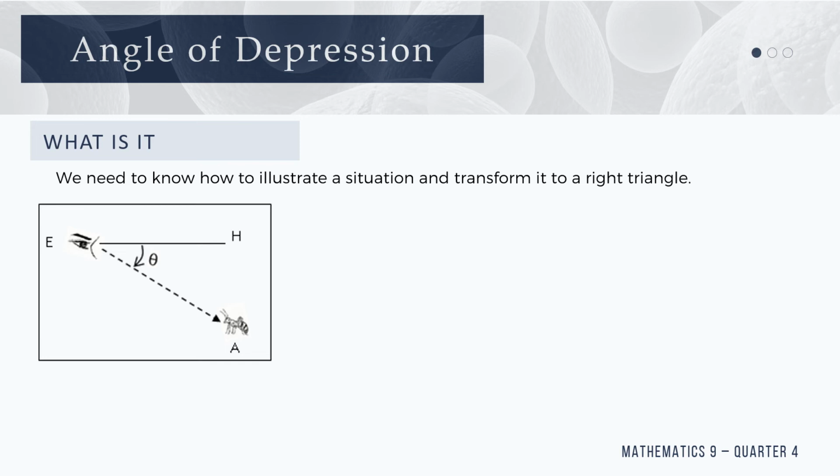For example, the illustration below will guide us. This is the diagram. So again, the line of sight is going downwards. It is looking at an ant below the observer. The horizontal line is the level of the eyes. If the observer just stands and looks straight, that is the horizontal line. But if they look below, of course, the line of sight is going downwards.